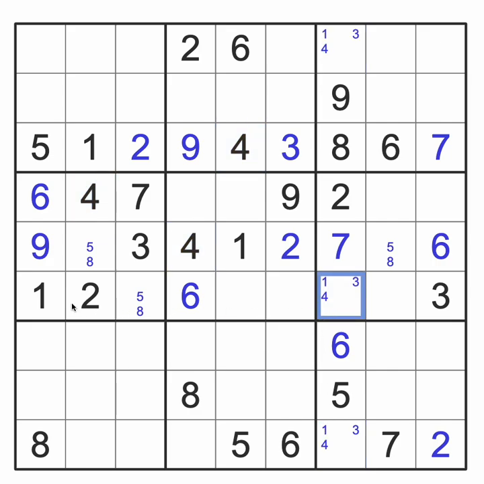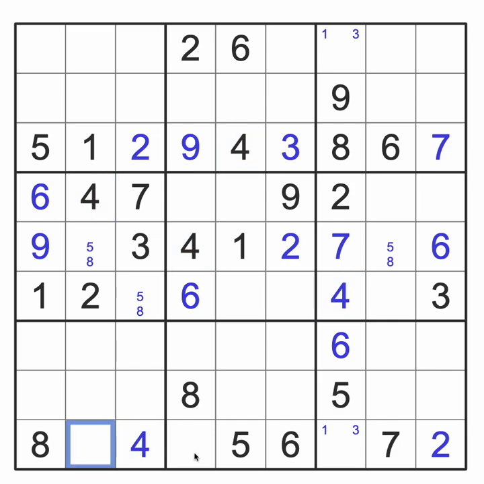And this cell is blocked by 1 and 3. So this is 4, and that means there's only one cell left for 4 on row 9. This cell is blocked by this 4, this cell by this 4, this cell by this 4. That gives me 4 here.